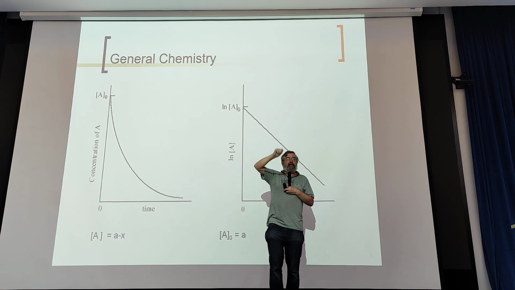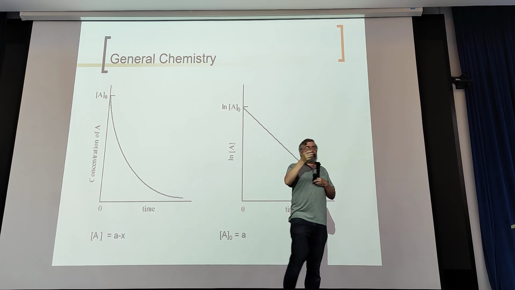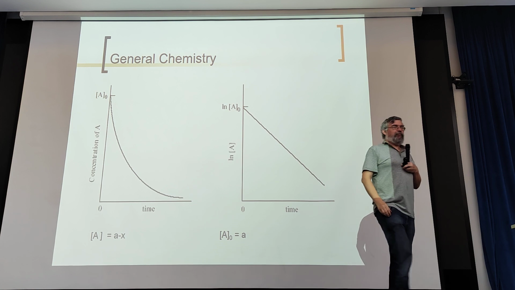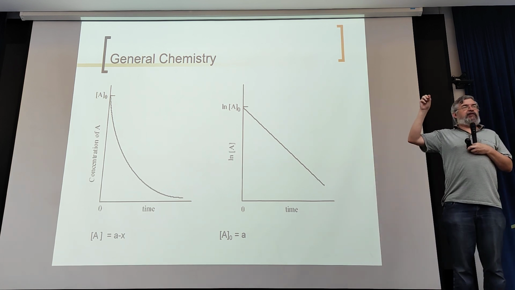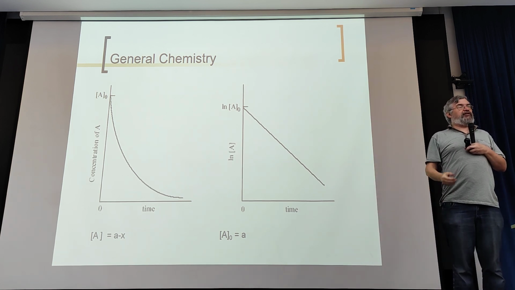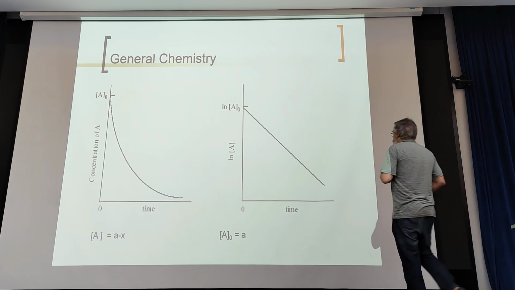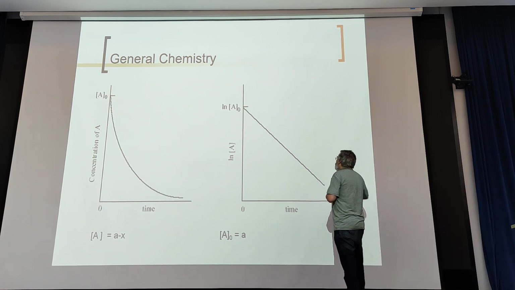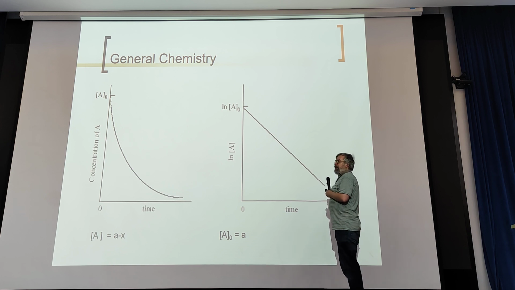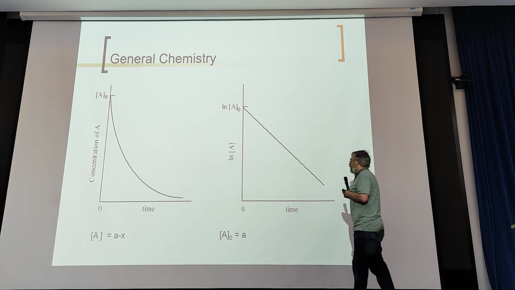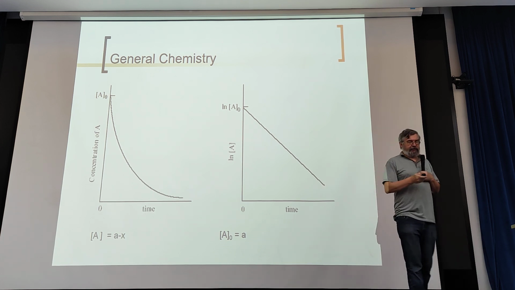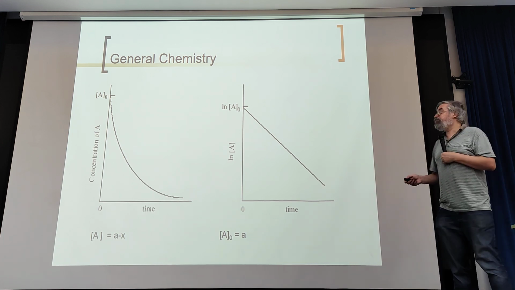In this case it's a capital A, but I think you get the point, it's the same. And there's a 0 because it's at time 0, at the beginning of the situation. It's a slope that goes down. It's a straight line, so we know it must be first order.